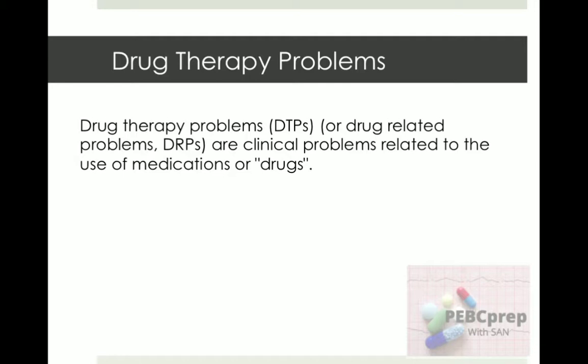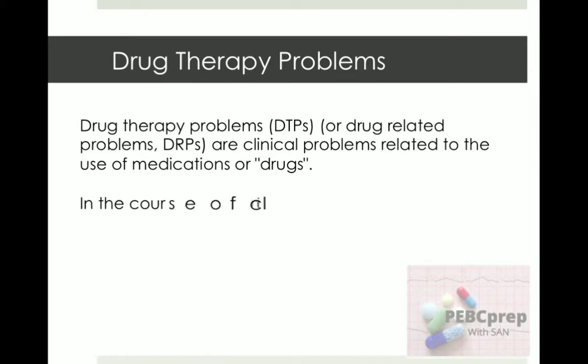So what happens when a patient starts a drug therapy for a medical condition? He or she could usually suffer some side effects or some unexpected effects. If those effects are really bothering the patient, then as a pharmacist you identify and treat it.